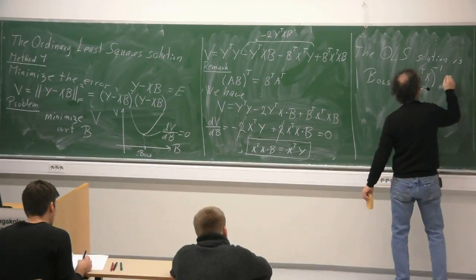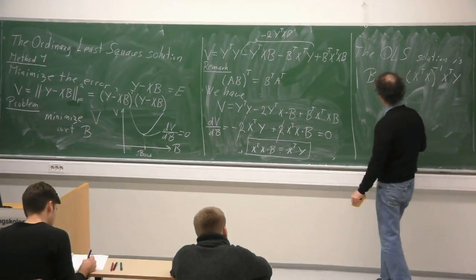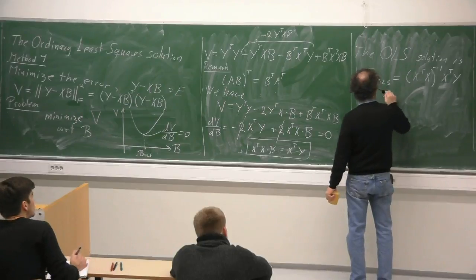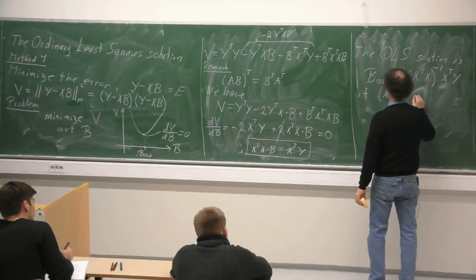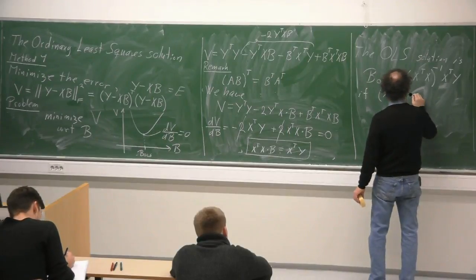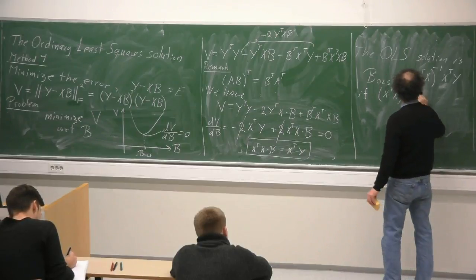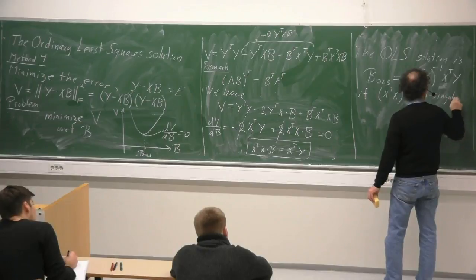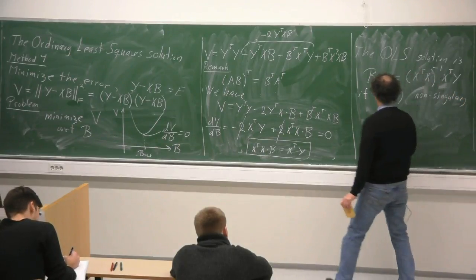First, the inverse of X transpose X times X transpose Y, if X transpose X is invertible, or in mathematics we say that this one is non-singular. It's only another word for invertible.